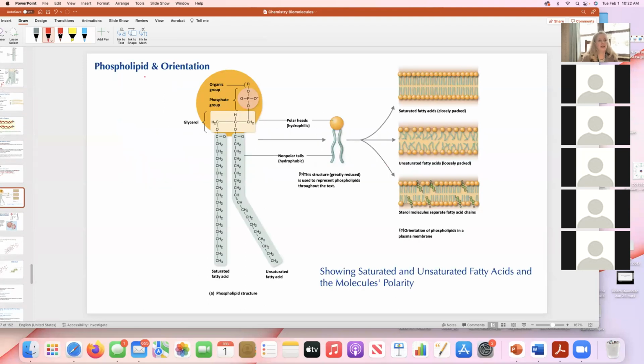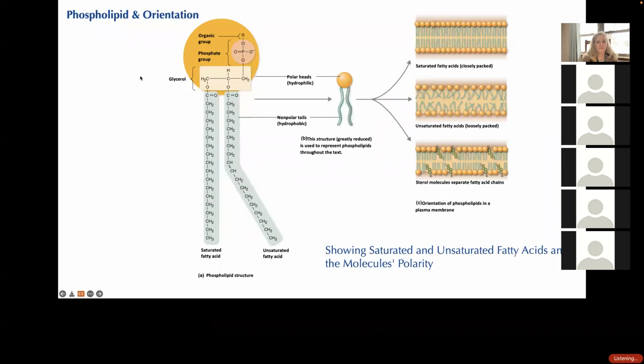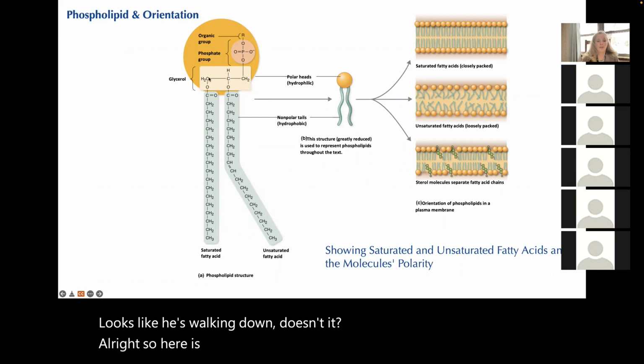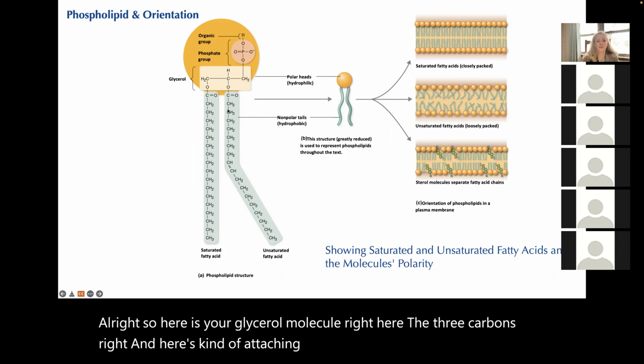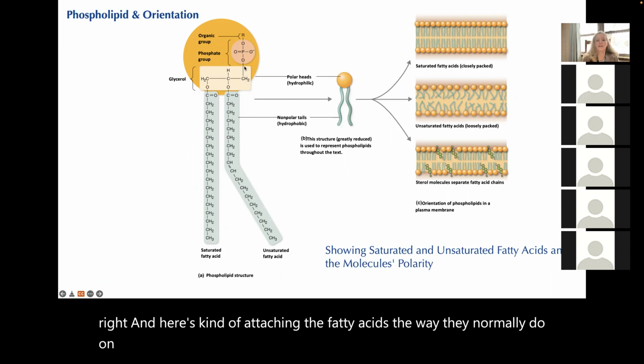All right, so let's look at our phospholipid heads. Looks like he's walking down, doesn't it? Here is your glycerol molecule right here, the 3 carbons, right? And here's kind of attaching the fatty acids the way they normally do. On your 3rd carbon is where that phosphate attaches.